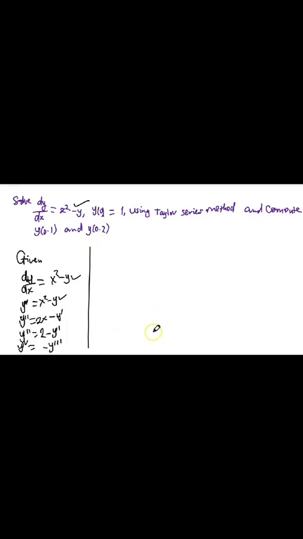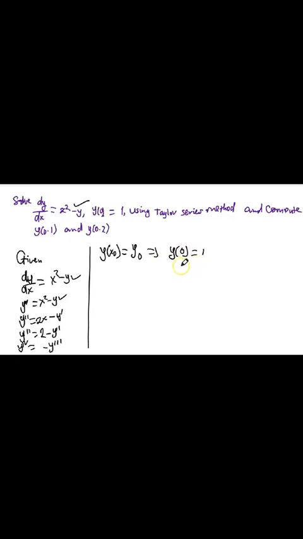Now from here, what you ask yourself is why not? We are told that dy dx is equals to x squared minus y. Y naught is equal to 1. So what this tells you, if y naught is equals to 1, then we have y of x naught. Y of x naught is simply nothing but y naught, and we are told that y naught is equals to 1. So this implies that our y of 0 is equal to 1.